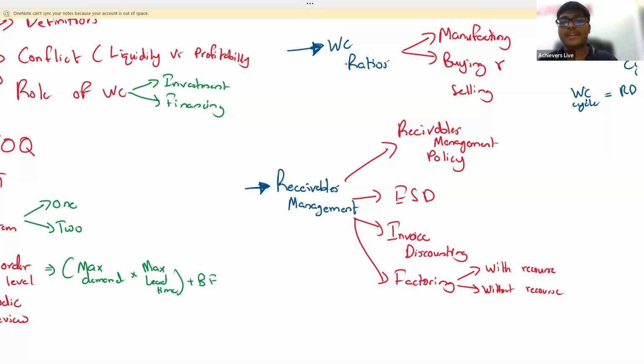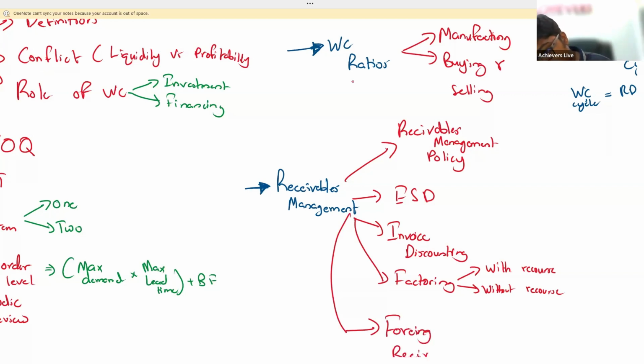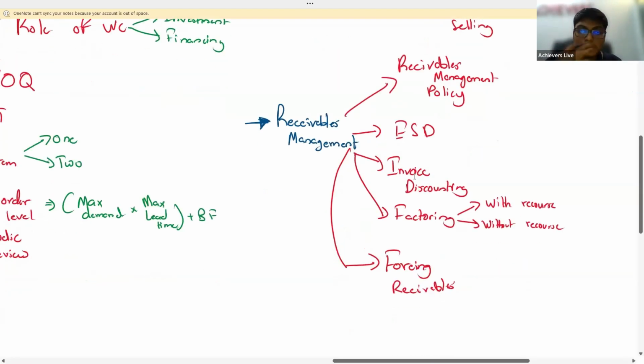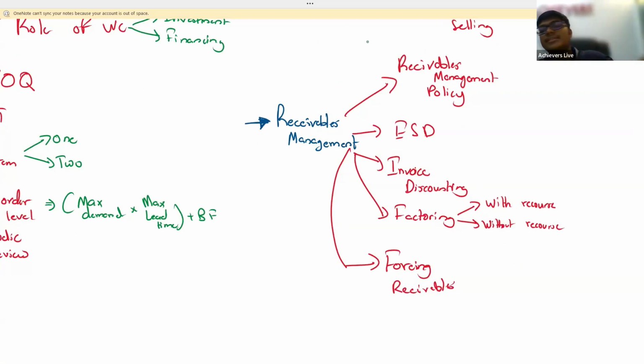Final thing under receivables management: foreign receivables. Guys, tell me, what are the methods to manage receivables?